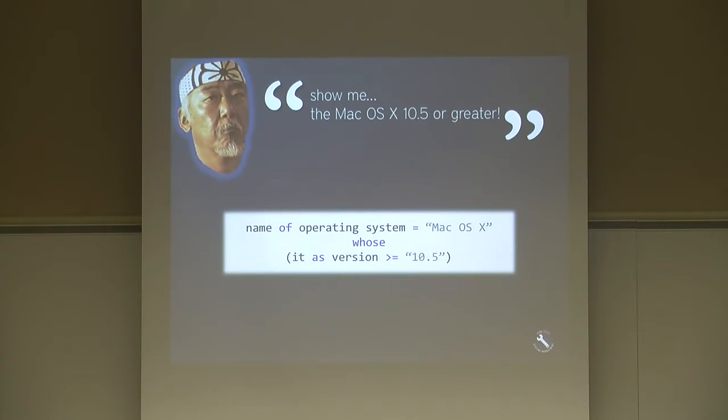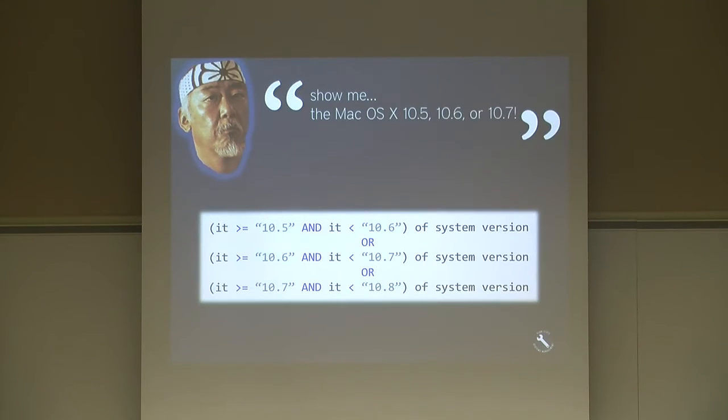Where it gets a little tricky, but it's still pretty readable, we're looking whose operating system's version, or the version of the operating system, is 10.5. So the it, if you want to get tricky, refers to this operating system, direct object, things like that. But we don't care as long as we can just keep on reusing this structure or grammar.